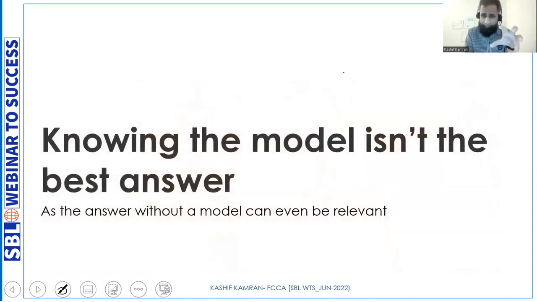Knowing the model isn't the best answer. I'll give you examples of that shortly. A lot of times when a student reads a requirement in the exam paper, he or she spends 5-10 minutes just thinking about which model to apply.